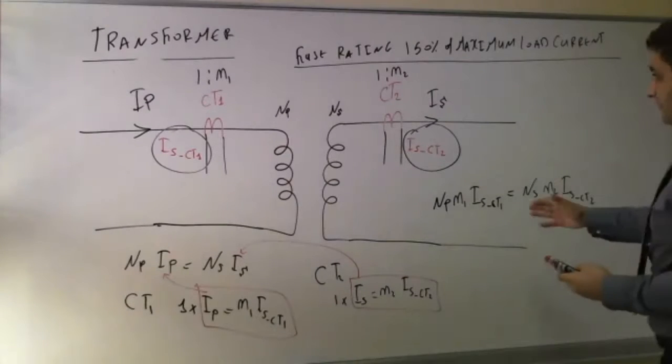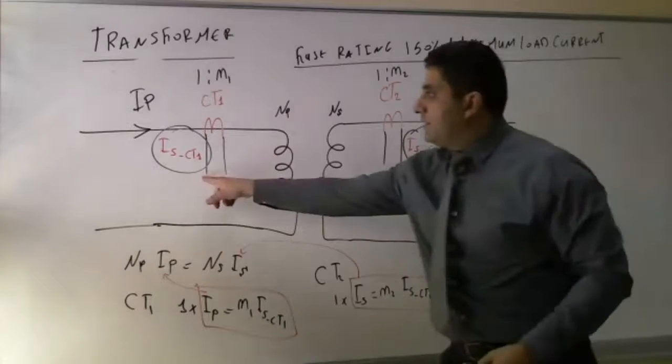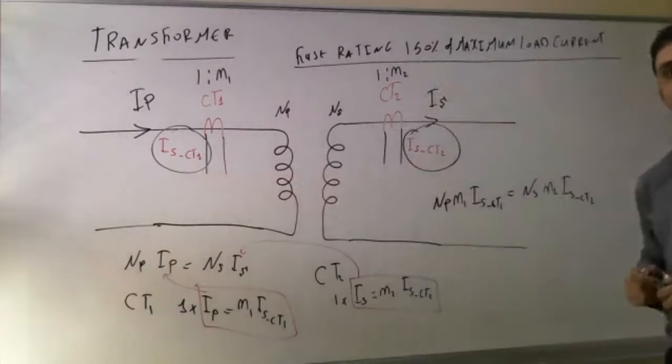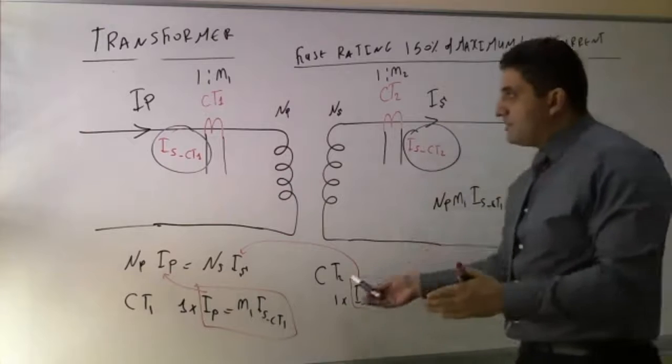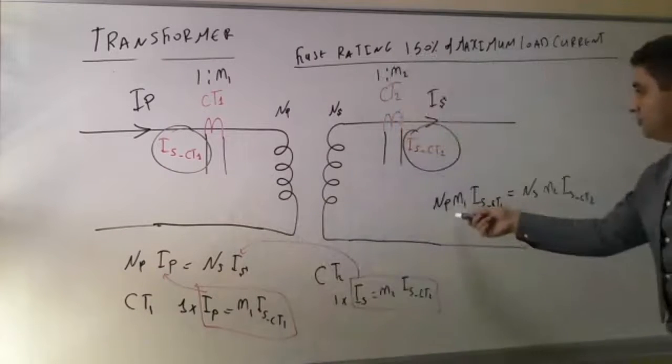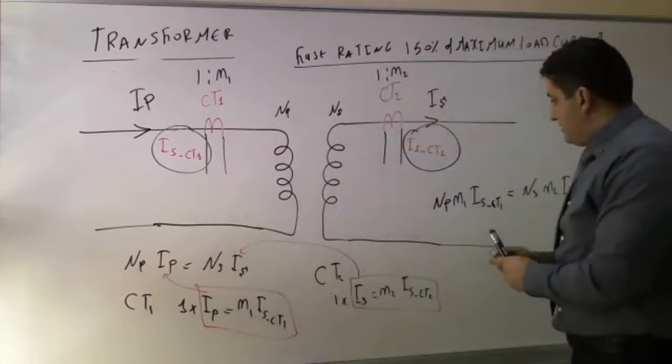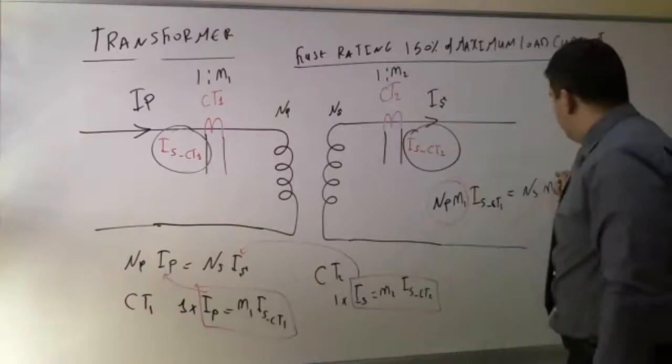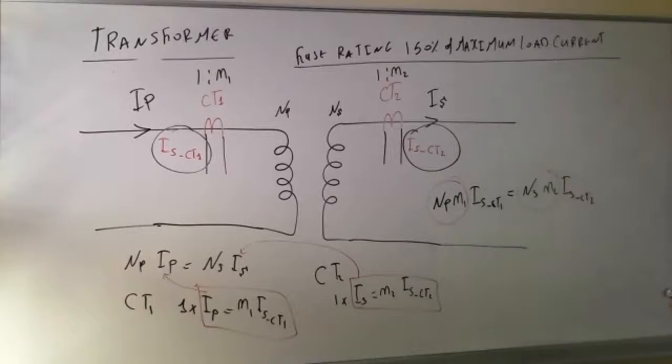For me to have this current minus this current equals 0, do you understand? I need to get the differential to be 0. Therefore, it's very important for me to find the matching, to find this and this relationship.